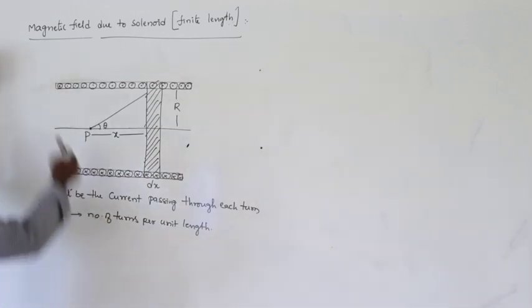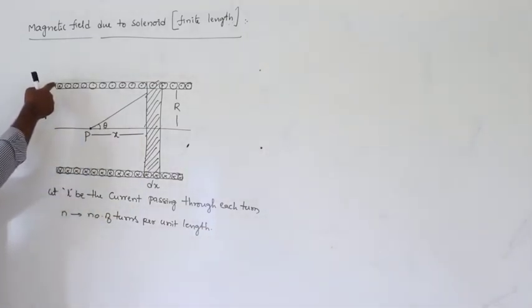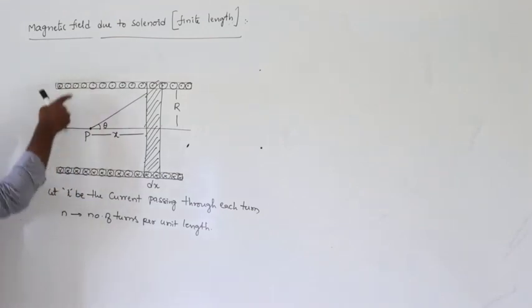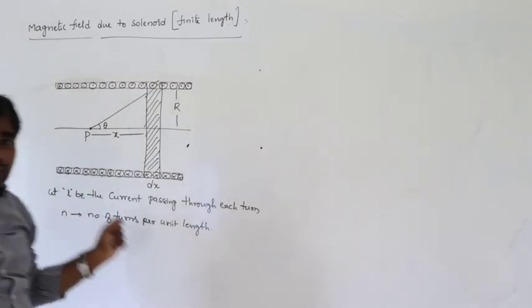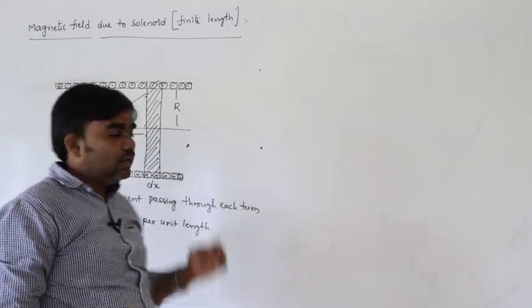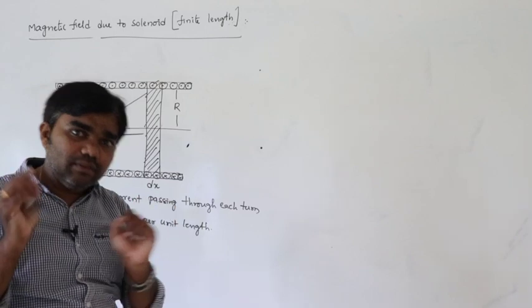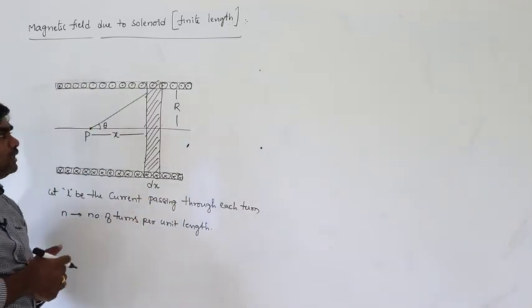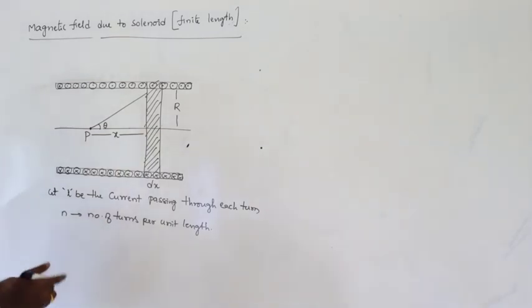Let us say this is the first turn, from here to here. This is a circular turn, where the current passes outwards and inwards, and this is I. In this turn the current is also I, and in this turn the current is also I. So I is the current passing through each and every turn, and small n is the number of turns per unit length.